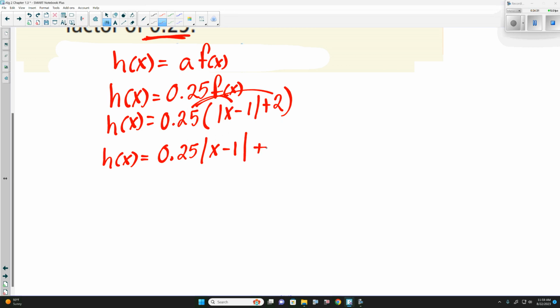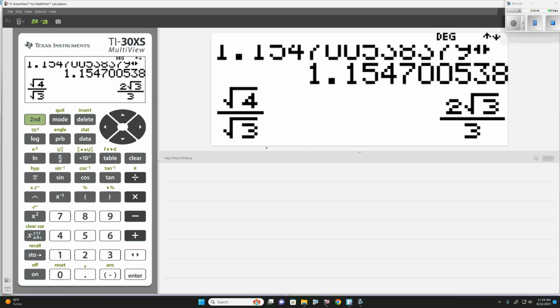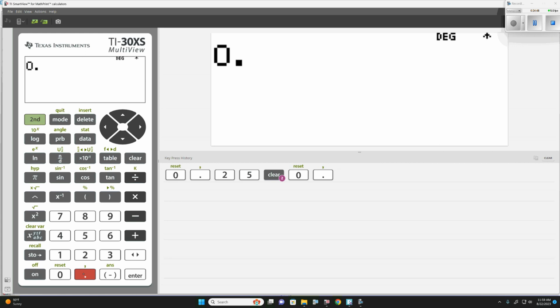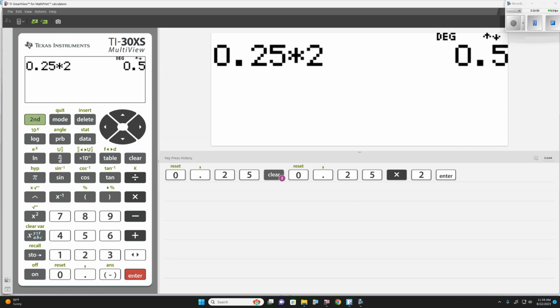Now we need to multiply 0.25 by 2. We can do this by hand or we could do it in a calculator. Either one will work. So if we do 0.25 times 2, we get 0.5.